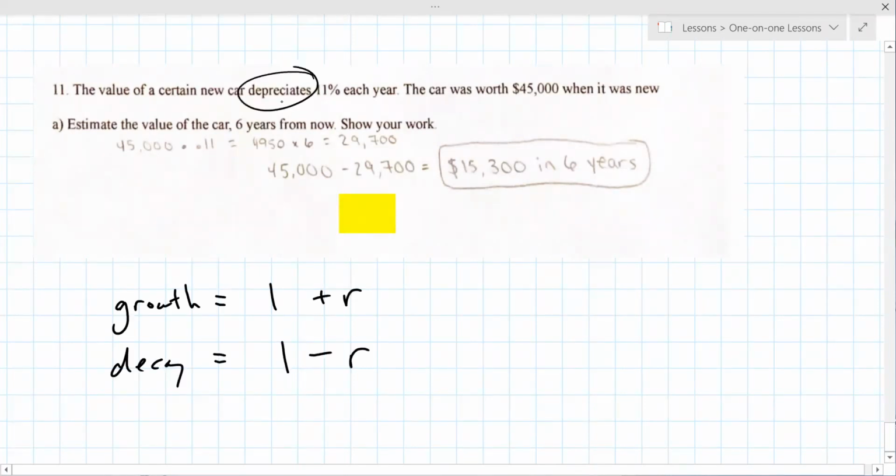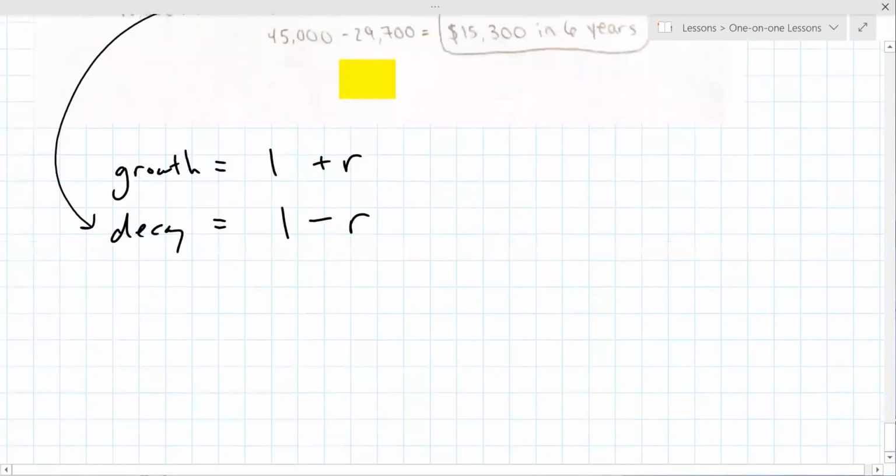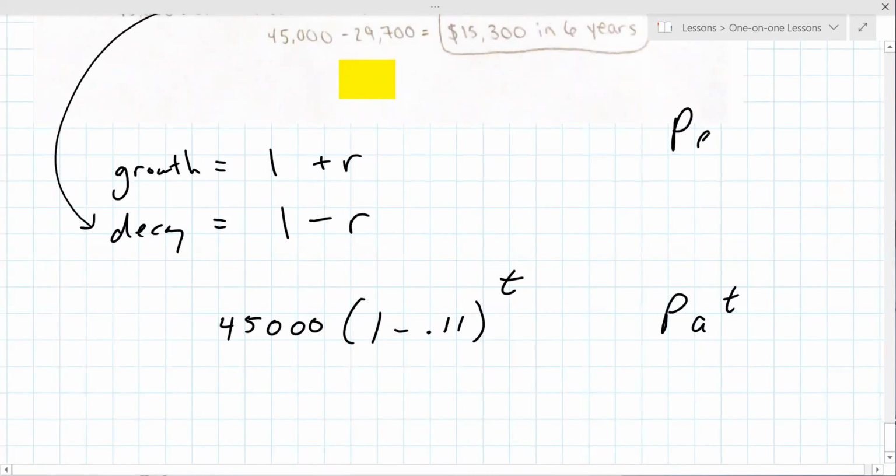So depreciates is another decay thing. Your equation here is however much your car was worth when you bought it, times 1 minus 0.11 to the power of t. And this is just a standard PAT. PERT is the other one you see, but PAT is where you have the decay.